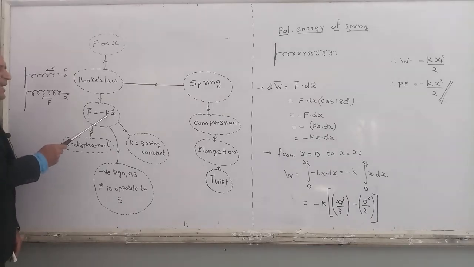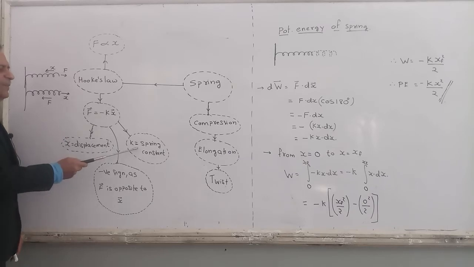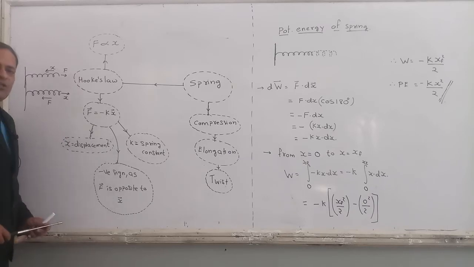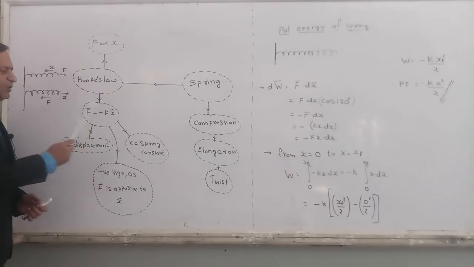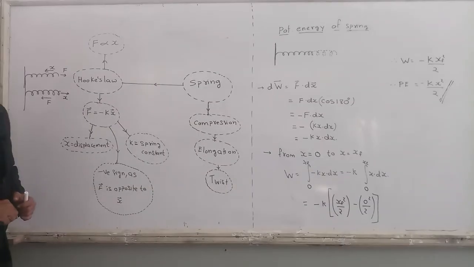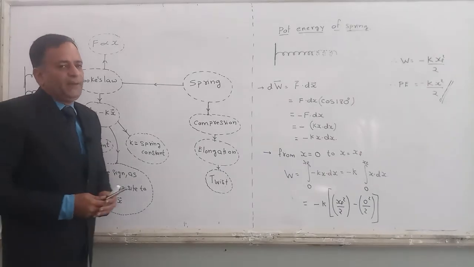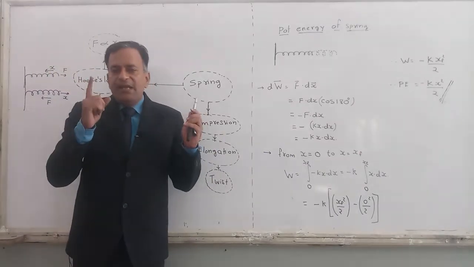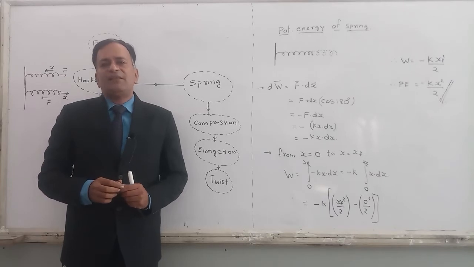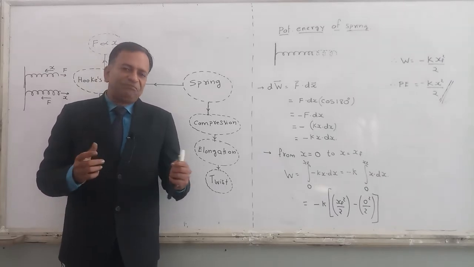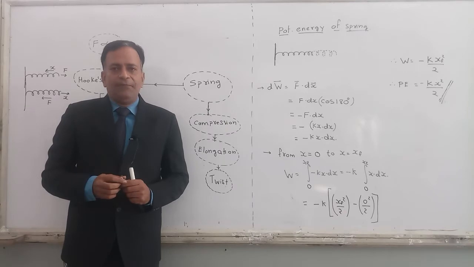What is this k? k is known as the spring constant, or it is also called the force constant of the spring. What is this? The force constant of the spring depends on the type of spring. For example, imagine the spring that you have seen just below the bogies of a train.